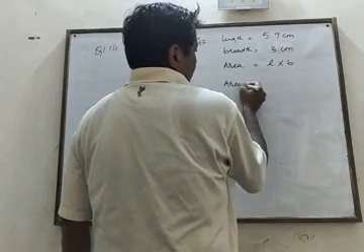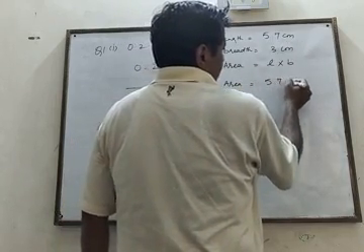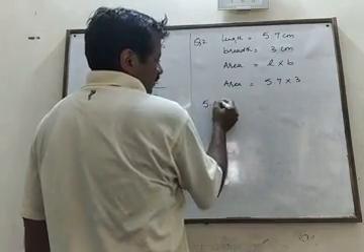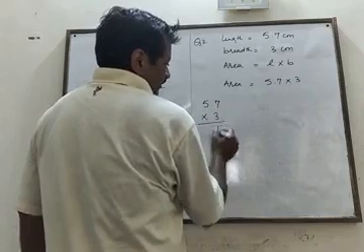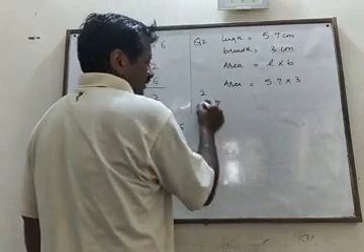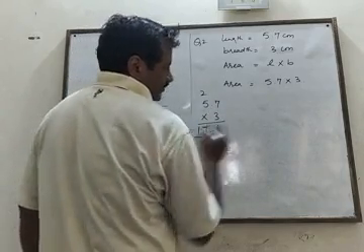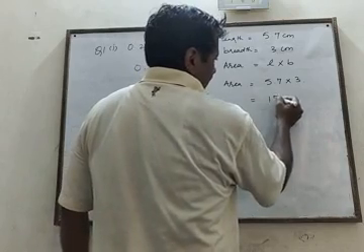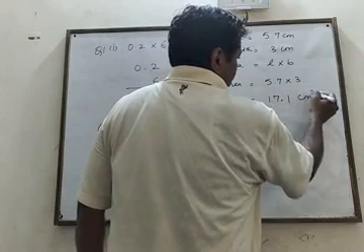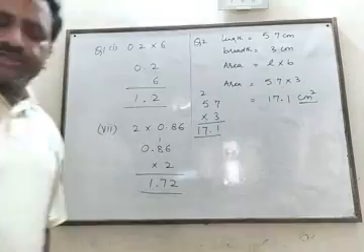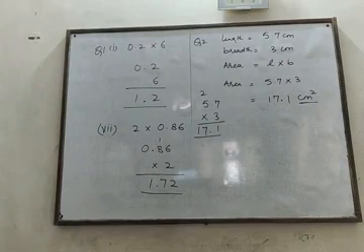So the area will be 5.7 multiply 3. 3 7s are 21, carry 2, 5 3s are 15 plus 2, 17. After the decimal one digit, so one digit before the decimal. So we will write 17.1 centimeter square. Always, the area will be in square units. We must remember this rule.